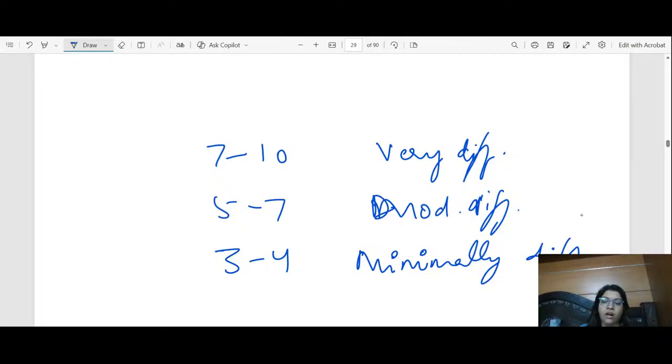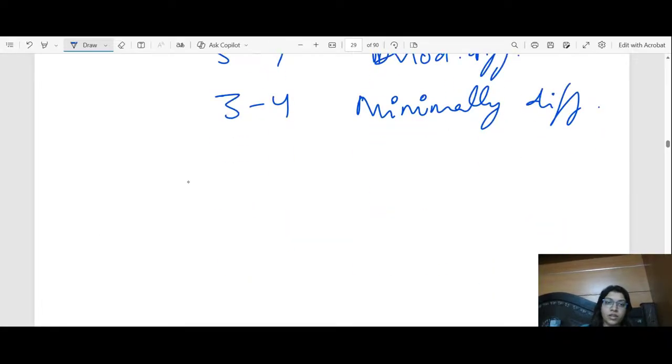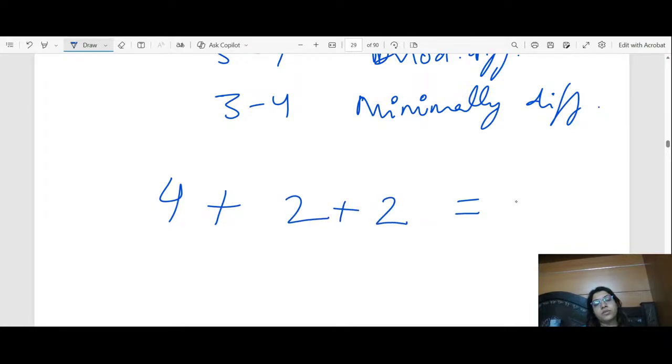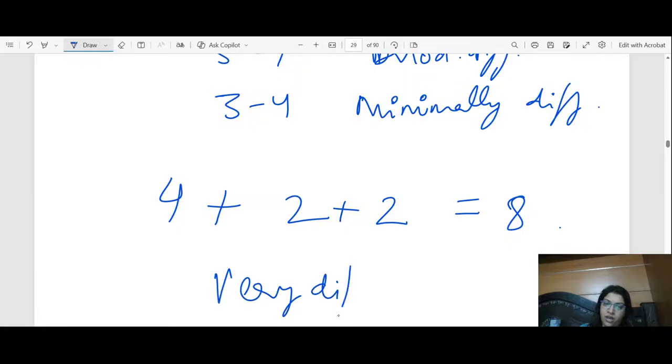So here what will be the answer? It is distoangular. So it will be 4 plus, in the question it was class 2 and level 2. For level 2, it will be 2, and class 2, it will be 2. So it is 8. So it comes in the very difficult category. Very difficult.